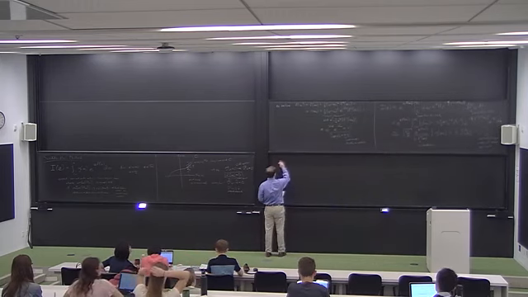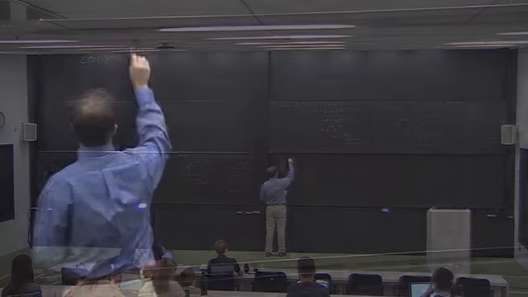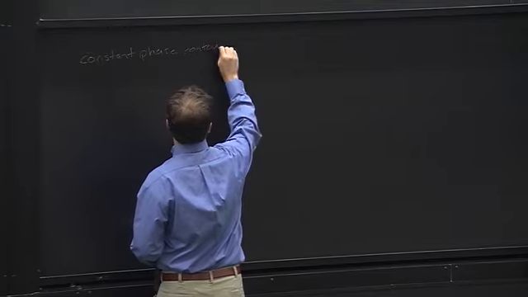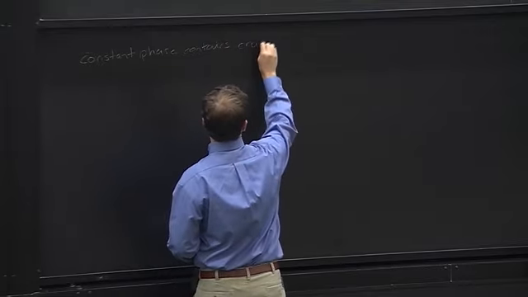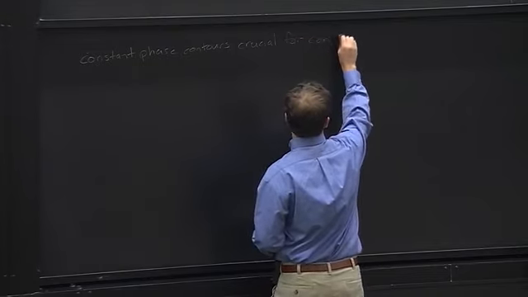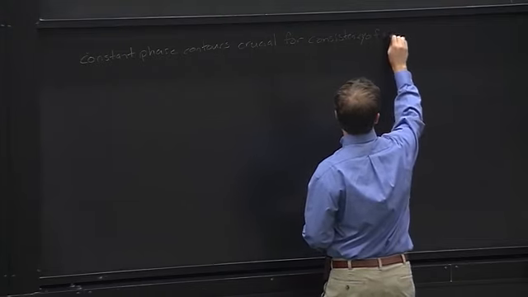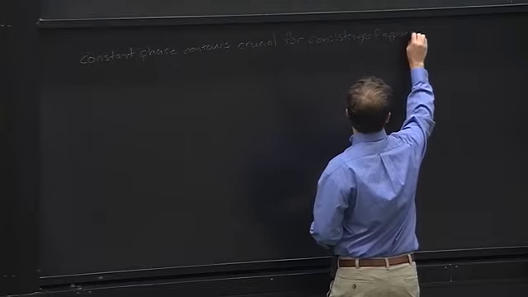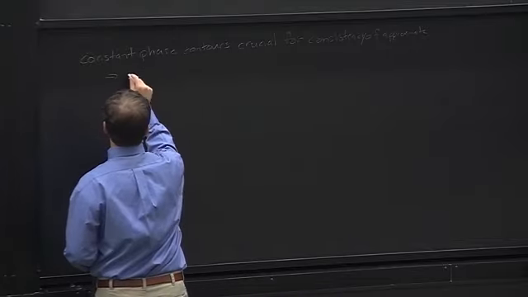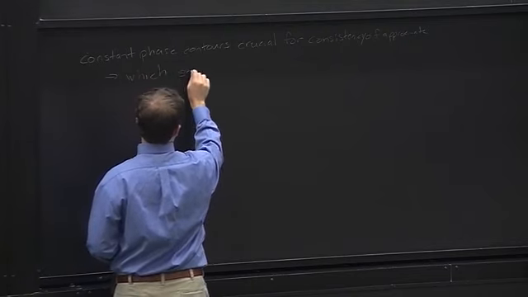So the constant phase contours are crucial for the consistency of the approximation. And that's because they answer the question, which saddles are relevant.